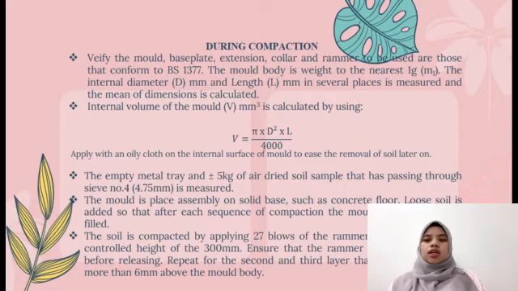Next, the soil is compacted by applying 27 blows of the rammer, dropping from the controlled height of 300 mm. Ensure the rammer is properly in place before releasing. Repeat for the second and third layers so that the final layer is not more than 6 mm above the mold body.